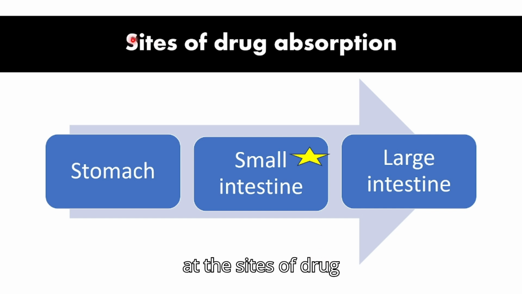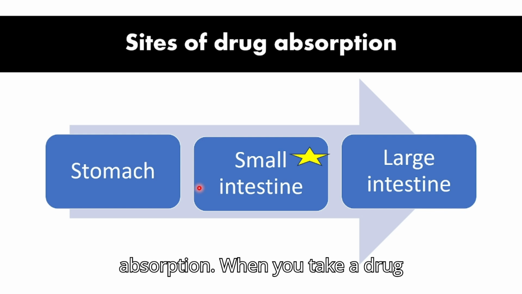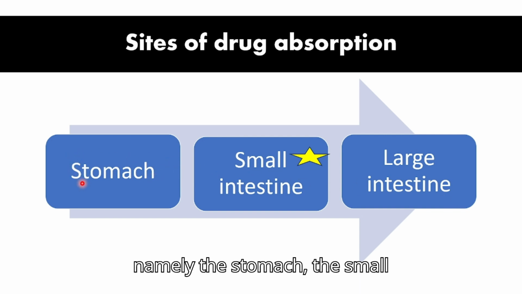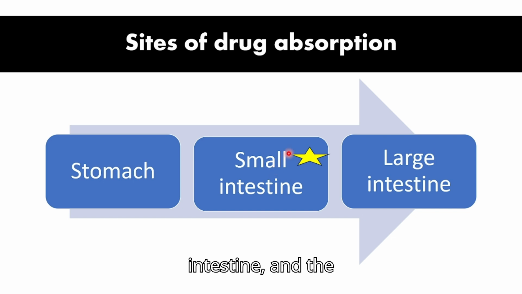Now we shall look at the sites of drug absorption. When you take a drug orally, it is absorbed through 3 key sites, namely the stomach, the small intestine, and the large intestine. Of these 3, the principal site is the small intestine, and in the next slide, we shall look at 3 reasons why drugs are mostly absorbed in the small intestine.